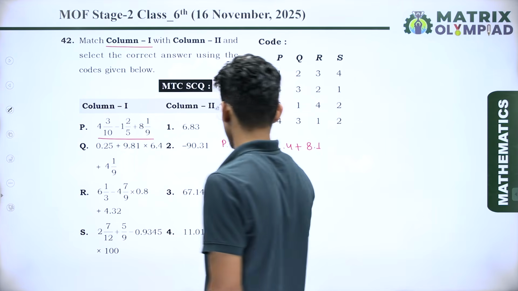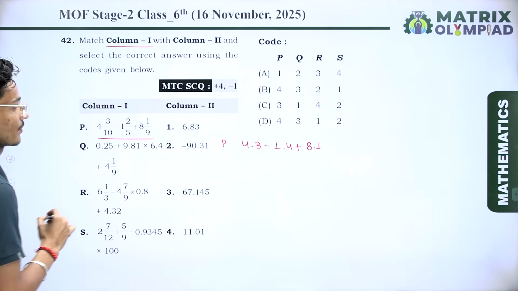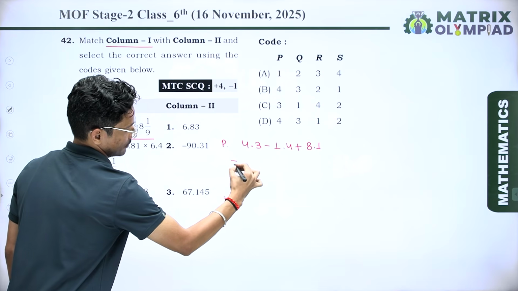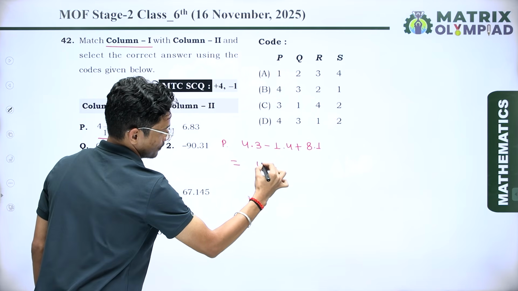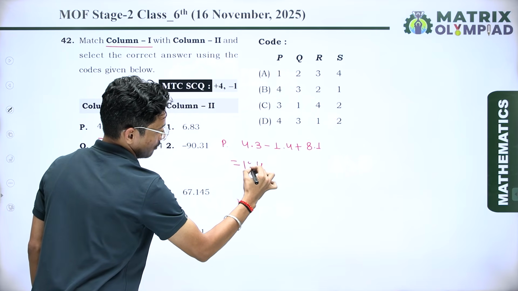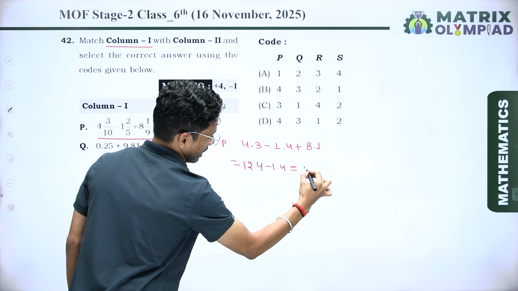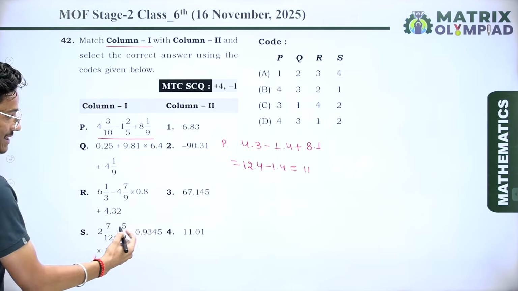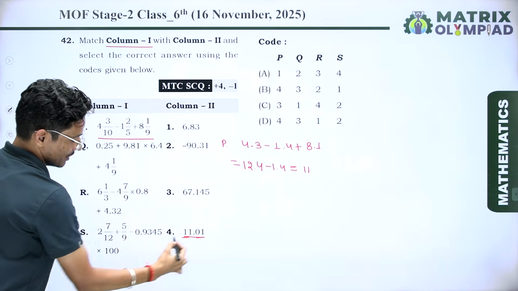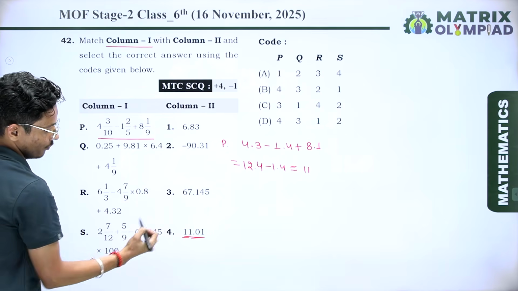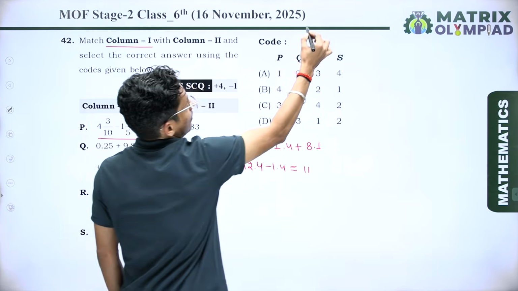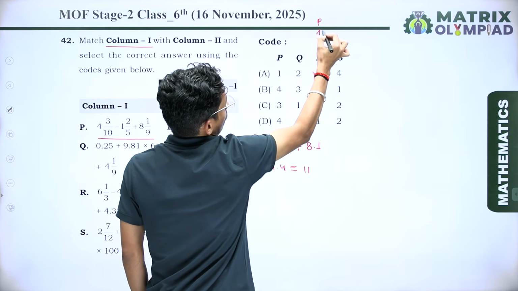Okay. So when we simplify it, we get, that is 3 plus 1, 4, 8 and 3, 12.4 minus 1.4, that is approx 11. So it means approx 11 this one. So P is connected to 4. So I can write here P is connected to 4.